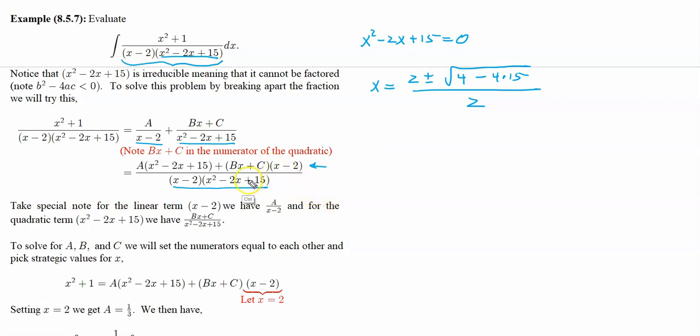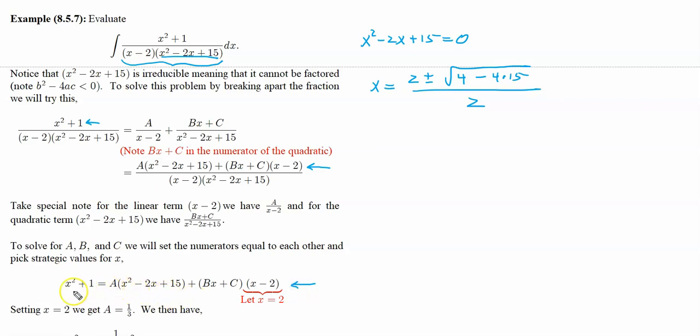And there you go. Now what we have to do is set the numerator here equal to the x squared plus 1. All right, so that's what we have right down here.